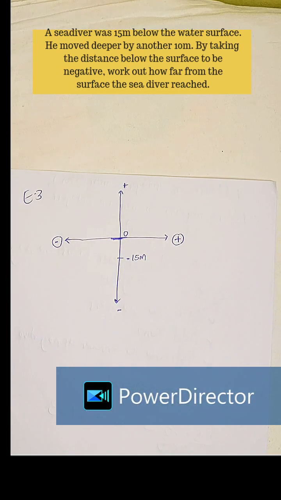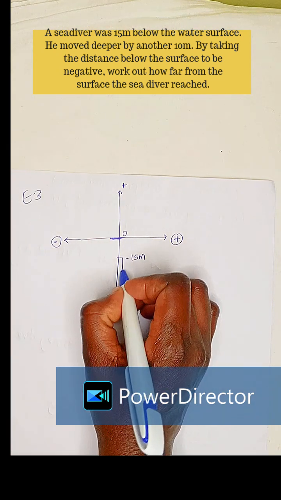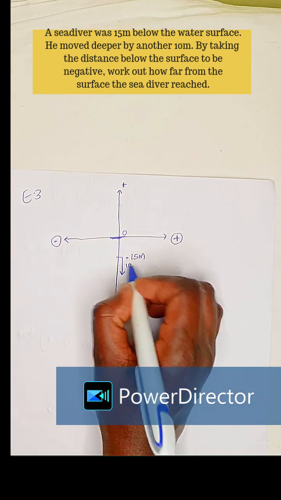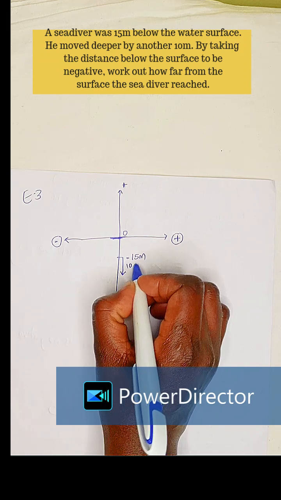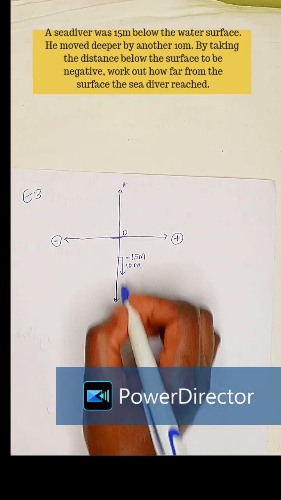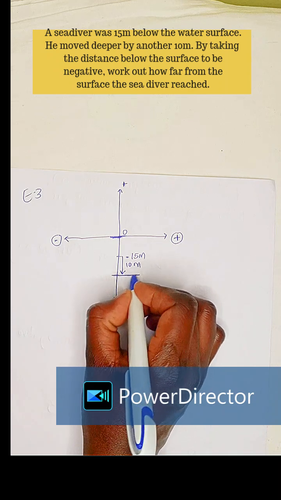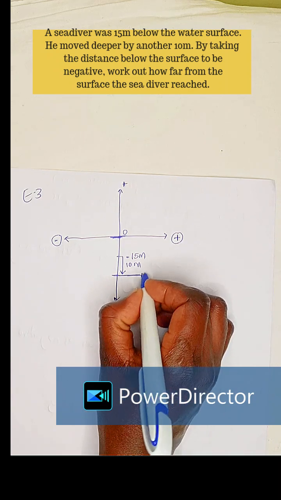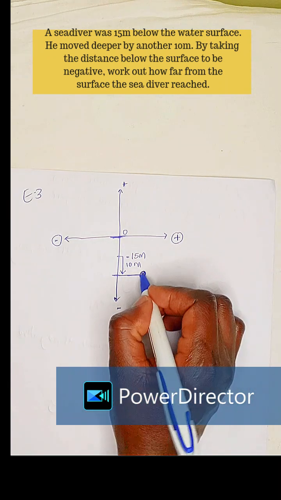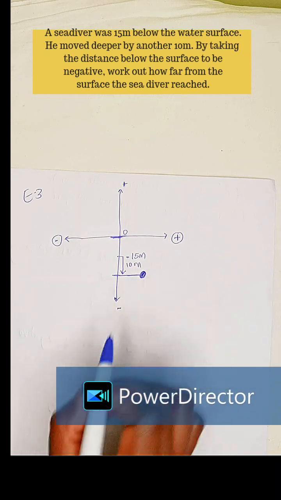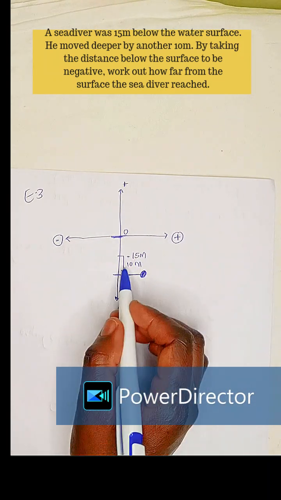He moved deeper by another 10 meters. So we are looking for this. Where did he reach? He reached somewhere here, okay? But we are not going to get here if we will not take this and then we add this.